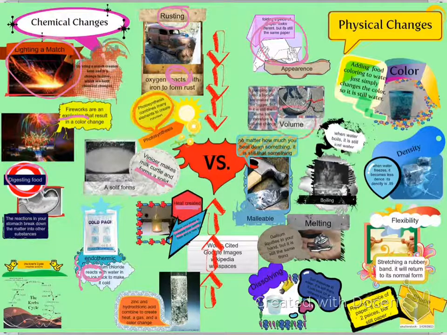Volume of something, malleability, so if you can pound it down to a thin sheet, you're not changing the substance into something new. Always phase changes, so melting, dissolving, you're not making a new substance. When water boils, it's still water. The color of something, density, flexibility, those are all physical changes.